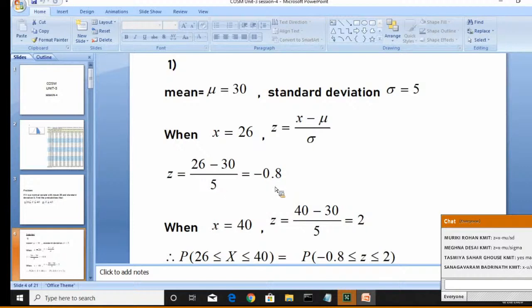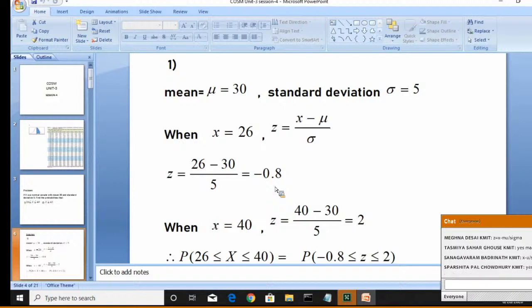Then I am getting the answer. All of you write down and check whether the answer is correct or not. If I get the answer only I will proceed. Yes, minus 0.8 is correct.